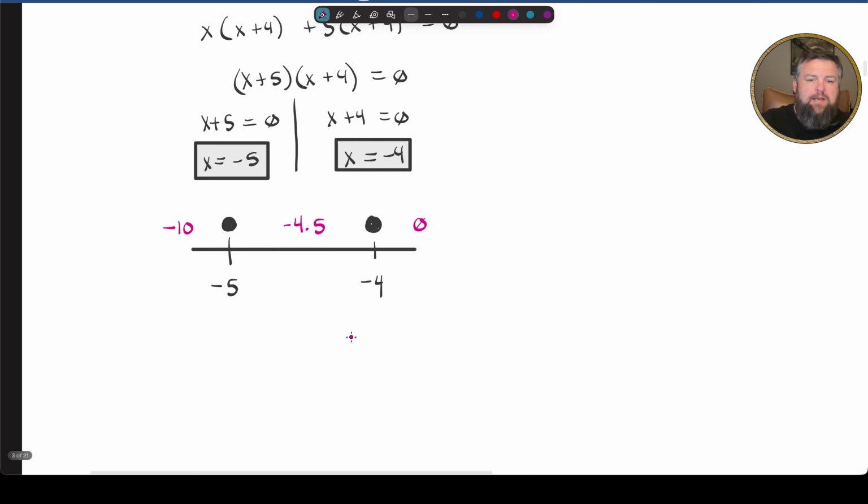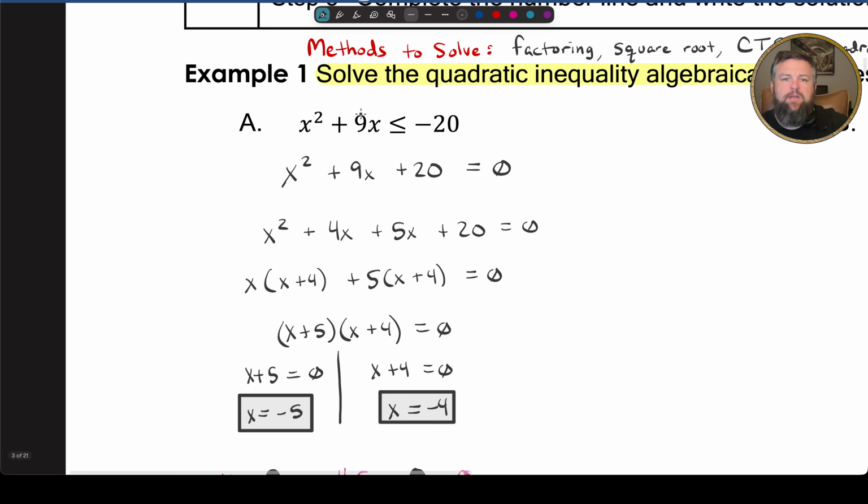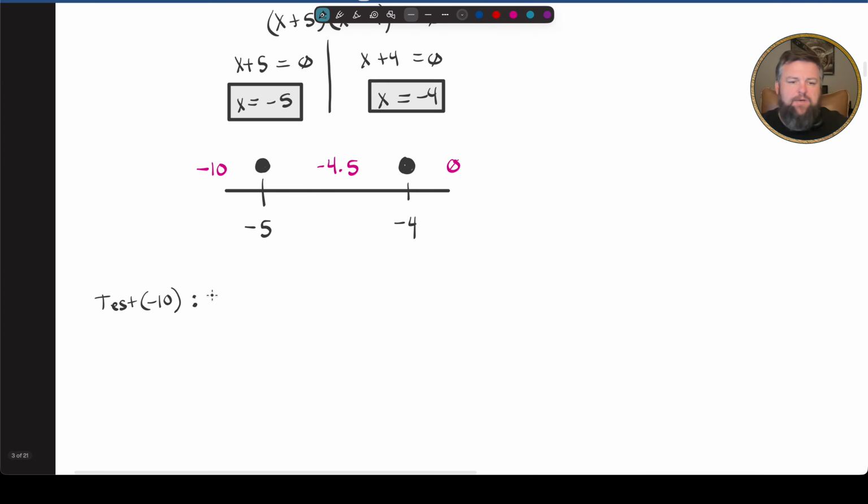So now what we have to do is test each of these 3 points. I'm going to take the first one, the negative 10, and test it out. We're going to throw it into the original inequality: x squared plus 9x less than or equal to negative 20. So negative 10 squared plus 9 times negative 10 is less than or equal to negative 20.